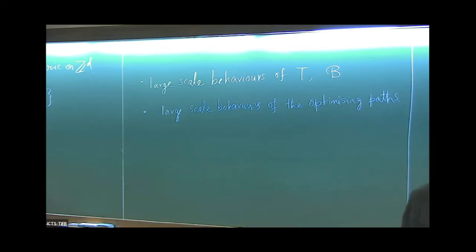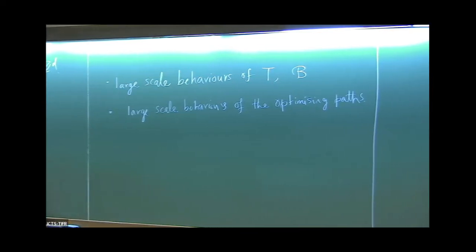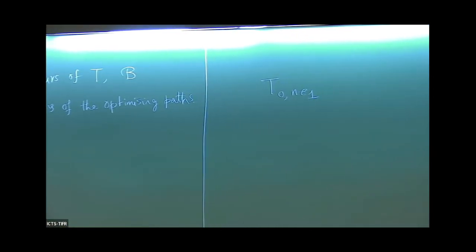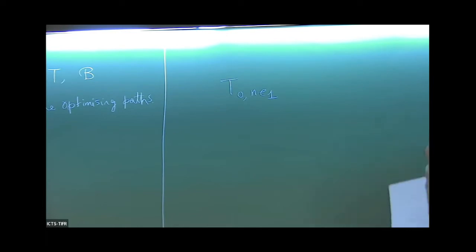The simplest direction is e1. So let us look at the sequence: I look at the origin, and then I look at the point at distance n in the positive direction of the first unit vector. So e1 is the first unit vector, the vector (1, 0, 0, ..., 0).